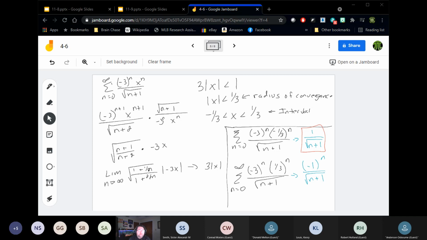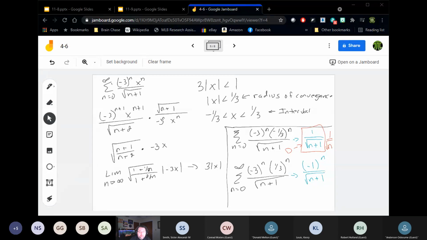You always have to come up with the reason it's either convergent or divergent. For this one, the best way is to notice it's really no different than the power series. This one right here is very close to being just 1 over the square root of n. And I know 1 over the square root of n diverges because the p is 1/2. So this one right there diverges.